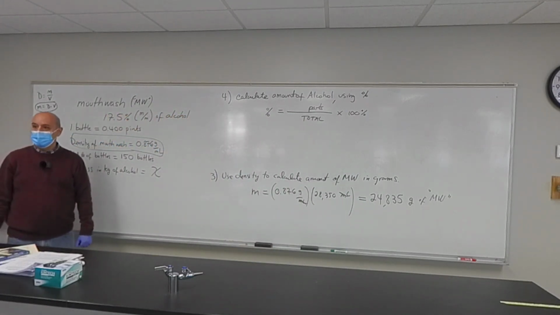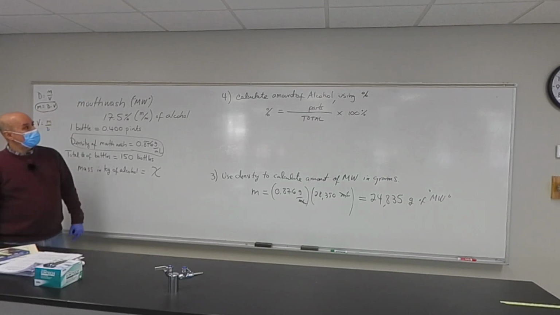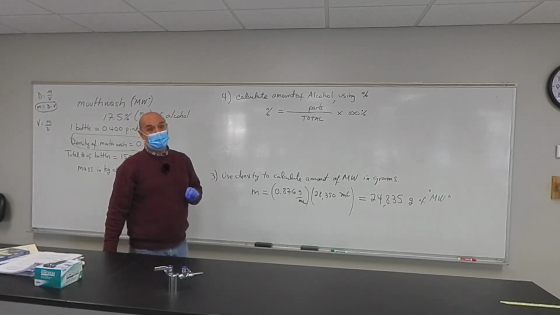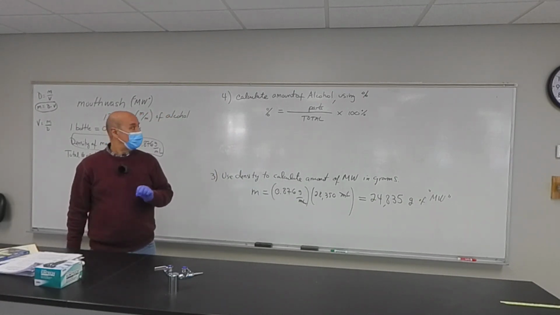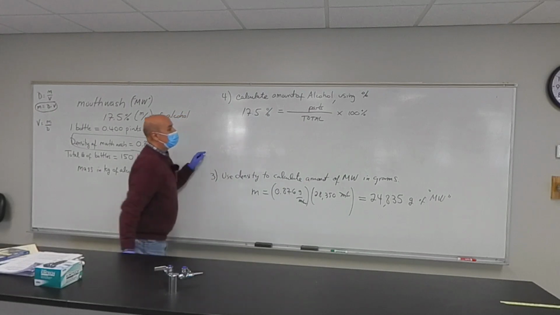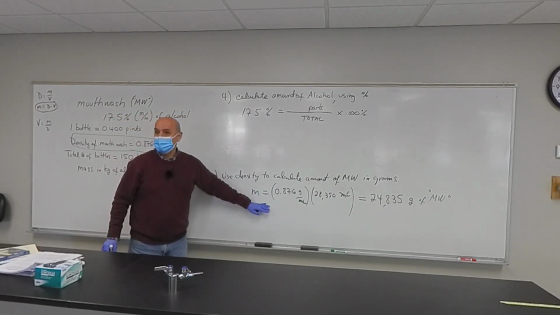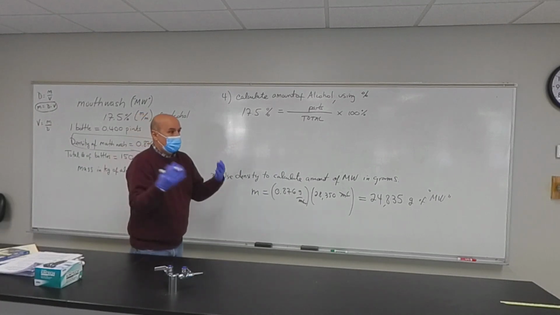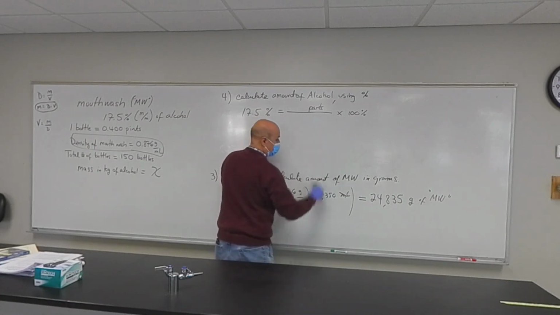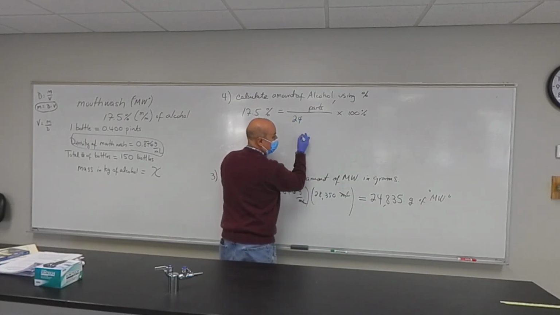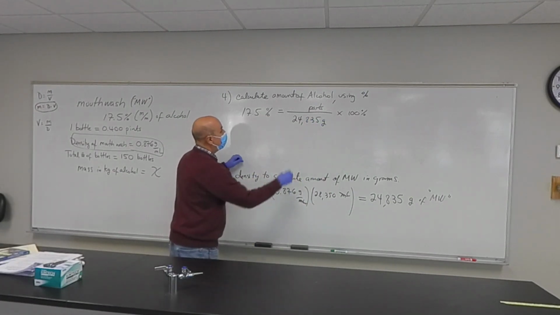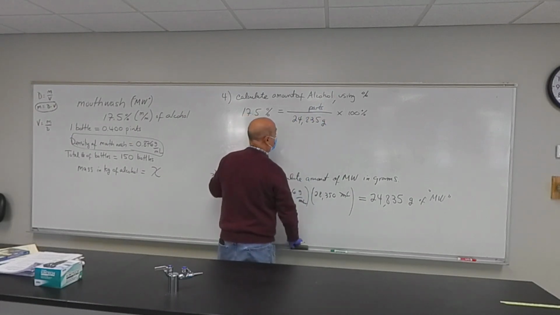What information do we have and what do we need? We don't have the parts. That's the only one we're missing. We have percentage, 17.5. And we have the total of the mouthwash, right? All the mouthwash, including the water and the alcohol. So that's the total. So I'm going to erase that and put 24,835 grams. And what we don't have is the parts. So this is the alcohol.